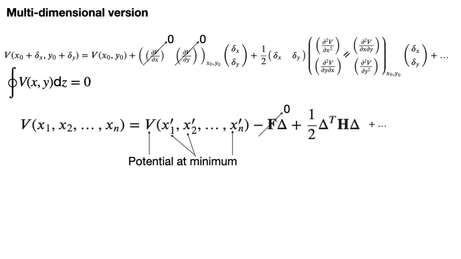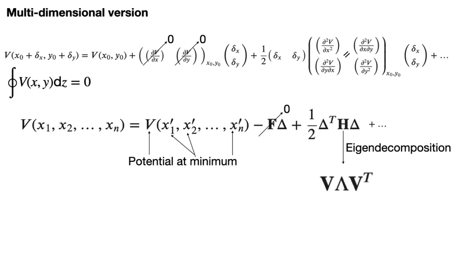The more interesting second term in this expression contains the matrix of second derivatives of the potential. This matrix is sometimes known as the Hessian matrix, and it must be symmetric because, as we saw in the 2D case, the integral of V around any closed path has to be 0. Because it is square and symmetric, we can diagonalize this matrix and replace it with the following product of three matrices.